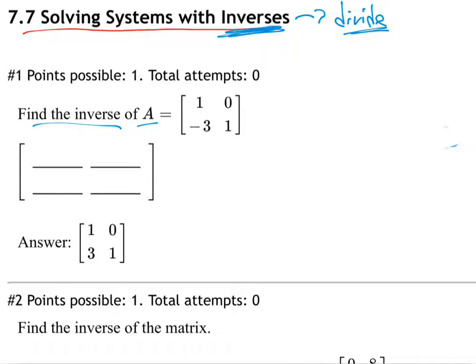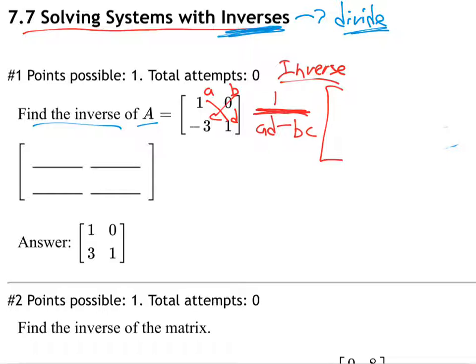Let's call these entries A, B, C, and D. So the inverse starts off with a fraction. 1 over, you multiply these two, A times D, subtract, multiply these two, B times C. So you put that big old fraction in front, and then you go back to the matrix, and you go back to the main diagonal, and you switch those two, put D here, A there, and take the other diagonal and put negatives in front of them.